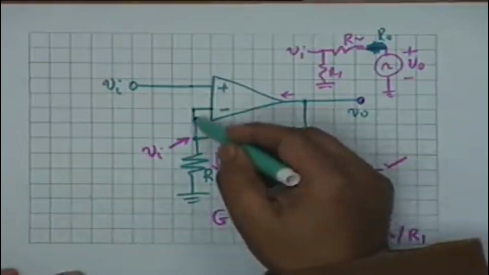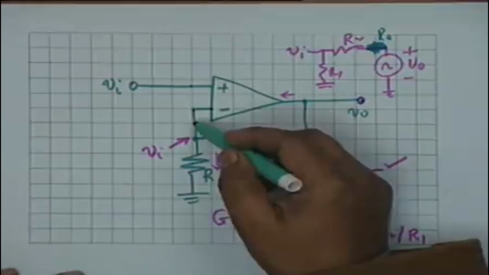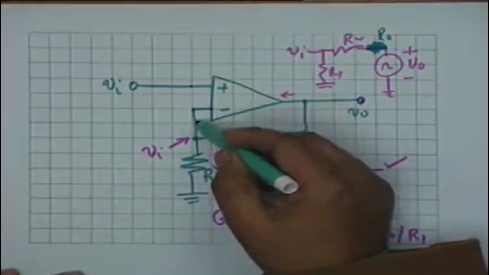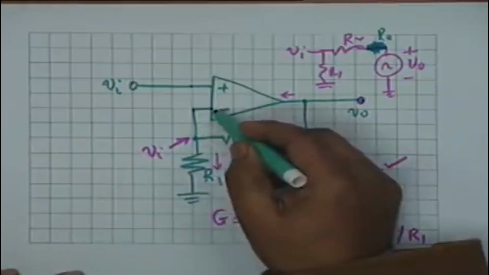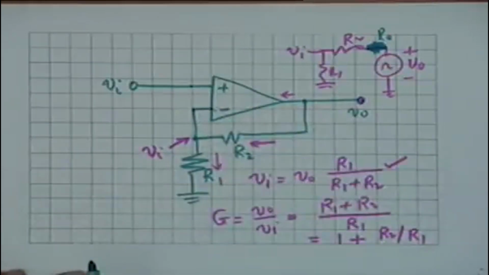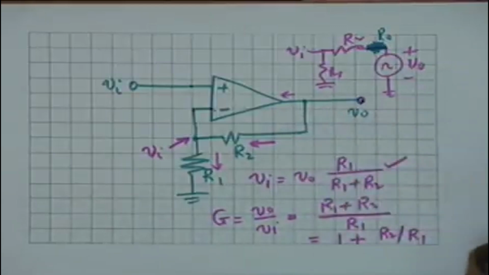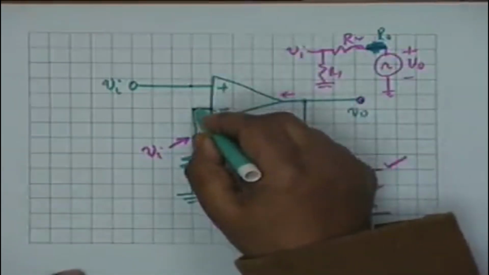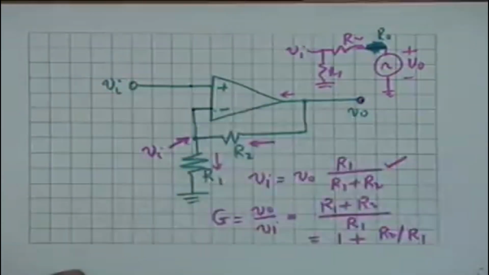It assumes that the input resistance is infinity, that is, the op amp does not take any current at the inverting terminal. What is the third assumption? The third assumption is capital A goes to infinity, so that this potential cannot be different from this potential. Vi comes here. All these assumptions are involved in this relationship.